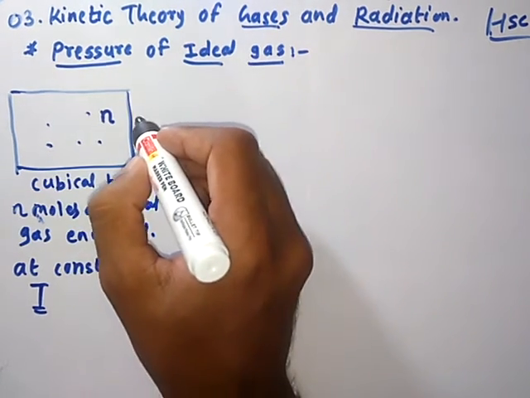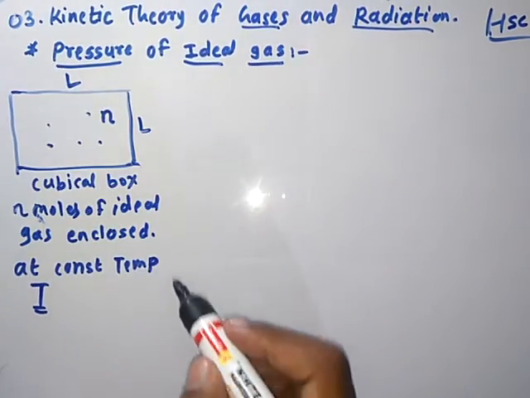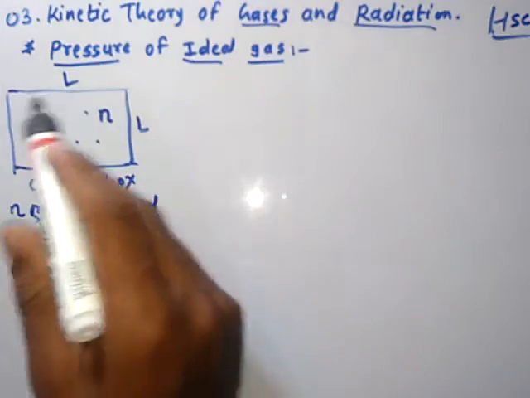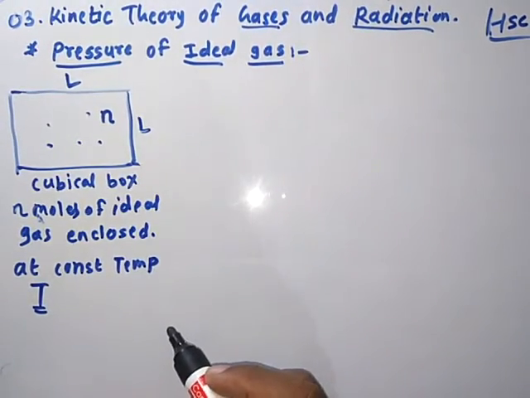The side of that cubical box is L. Hence it is cubical, all the sides are squares, so the side length is L.